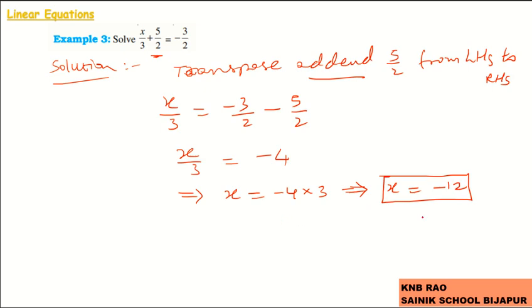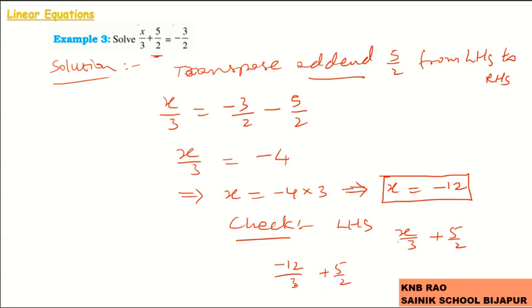After the solution is found, we need to check. So the checking stage is, on substitution, we put x by 3 plus 5 by 2, with x replaced by minus 12, so minus 12 by 3 plus 5 by 2. This cancels.